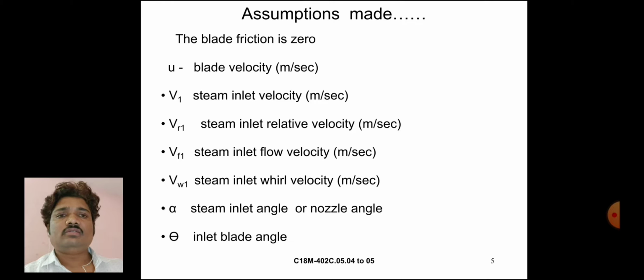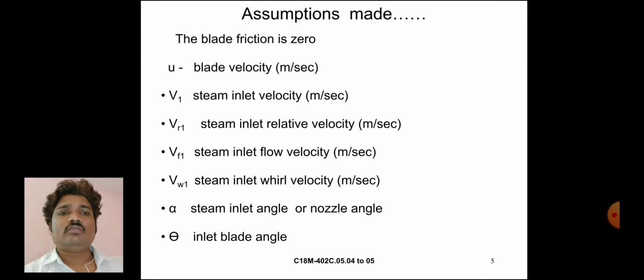Assumption made: the blade friction is 0. U is the blade velocity, meters per second. V1 is the steam inlet velocity, VR1 is the steam inlet relative velocity, VF1 is the steam inlet flow velocity, and VW1 is the steam inlet whirl velocity, all in meters per second.